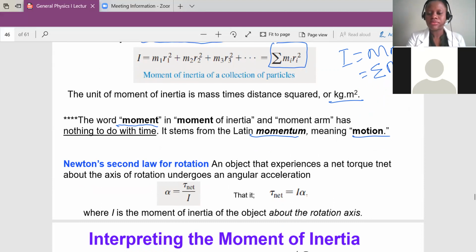Newton's second law for linear motion is F equals ma.